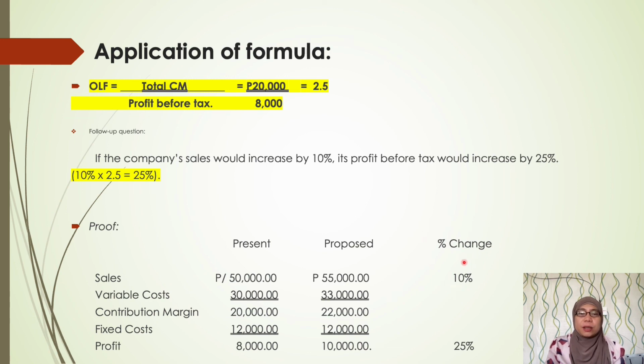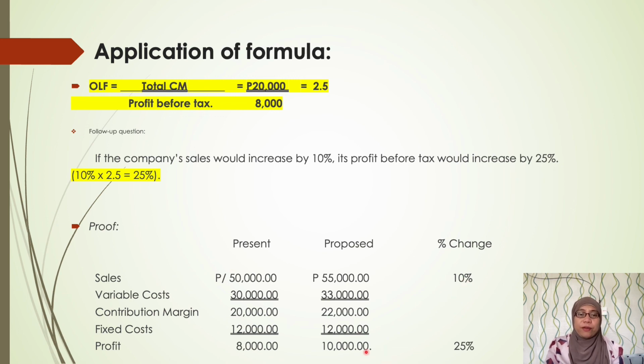So, showing the percentage of change. In sales, the increase is 10%. So, 5,000 is the amount. Ito yung change percentage niya. Yung difference na 5,000, i-divide natin siya into 50,000, so we will get 10%.